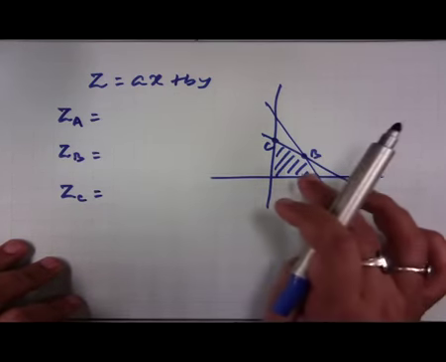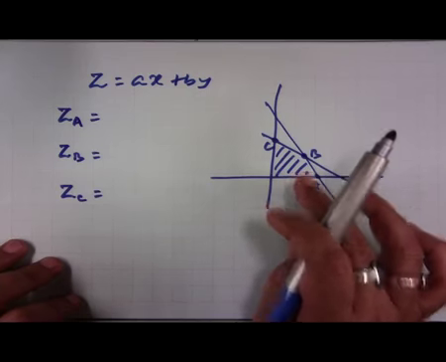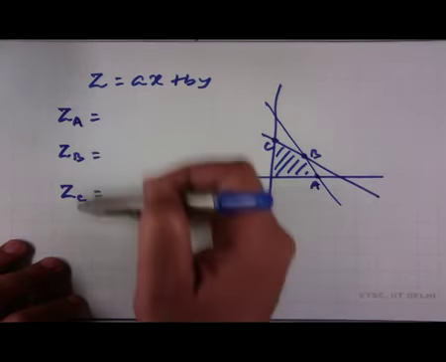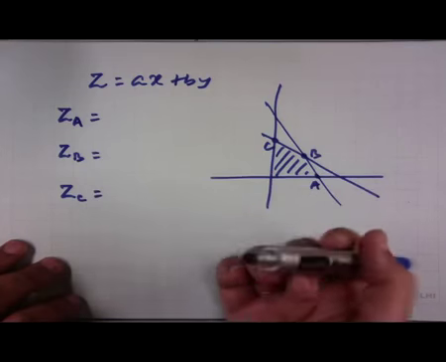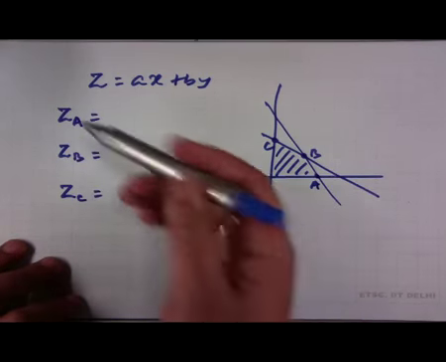Since the region is bounded, among these three values one value must be the smallest and one value must be the largest.